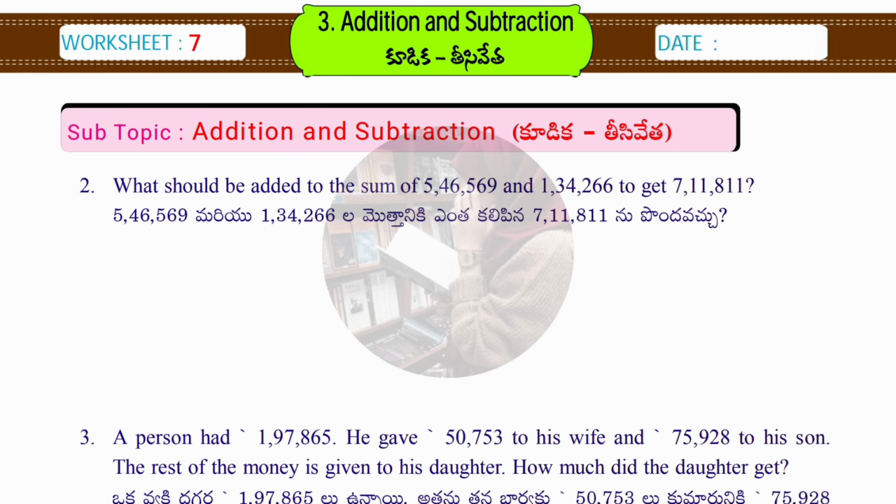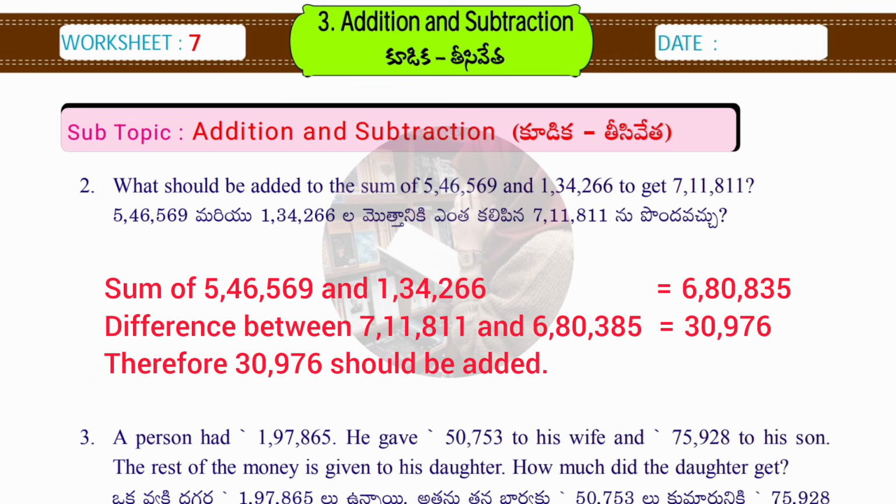6,80,835. But this is not equal to 7,11,811. So how much we have to add to get that 7,11,811? Means firstly we'll do the difference between the total amount and the given number, third number.